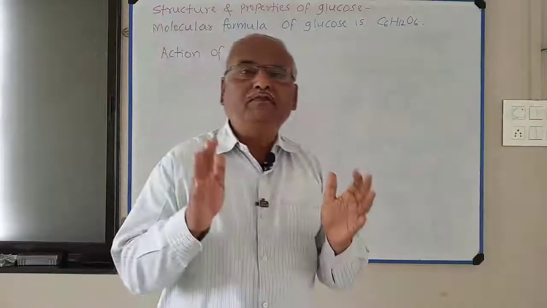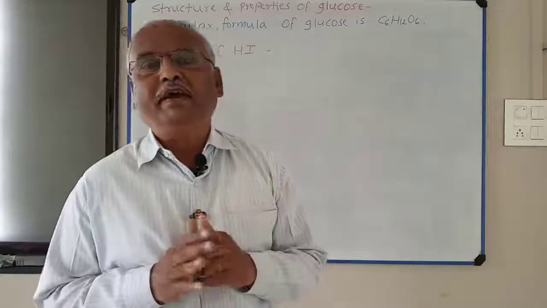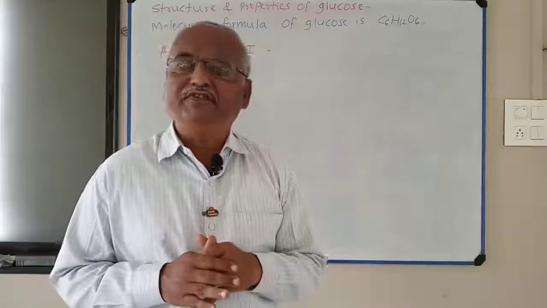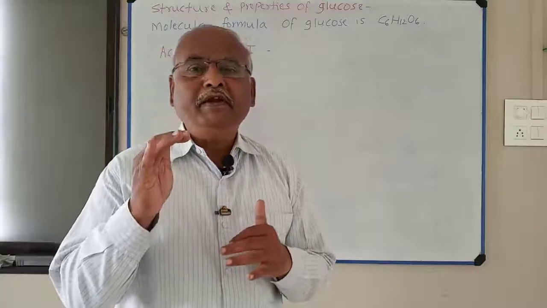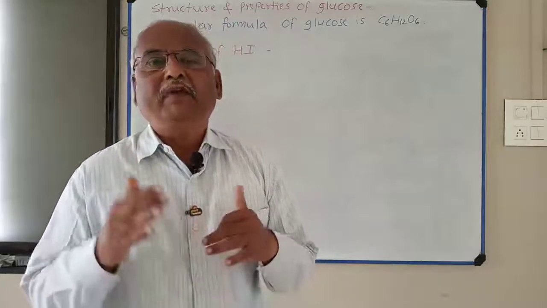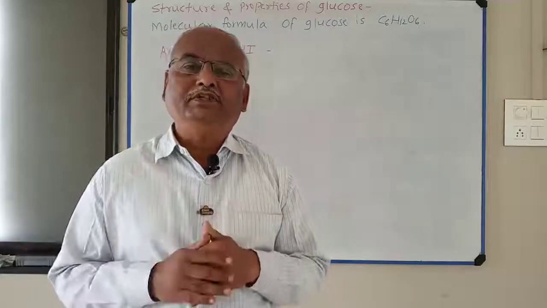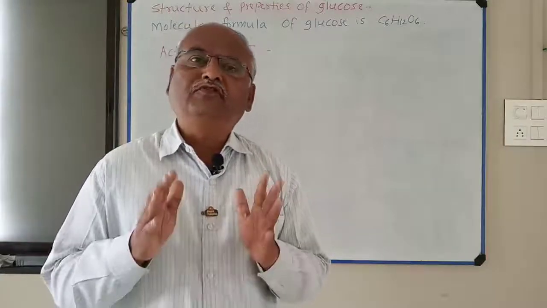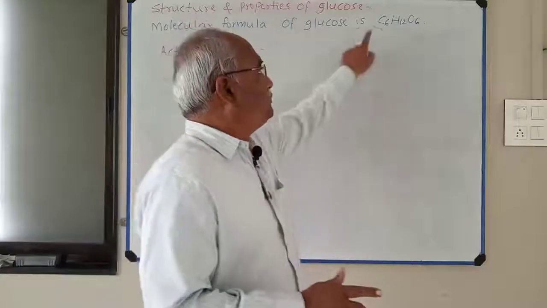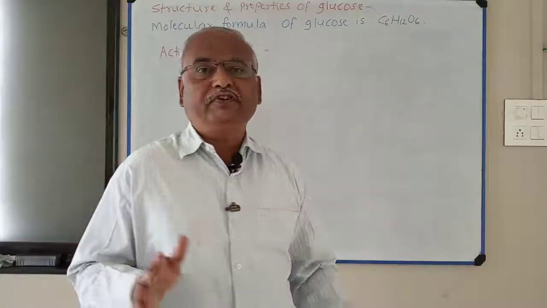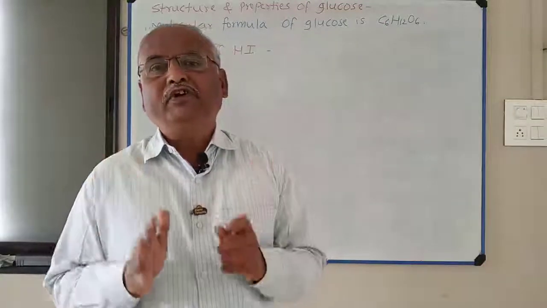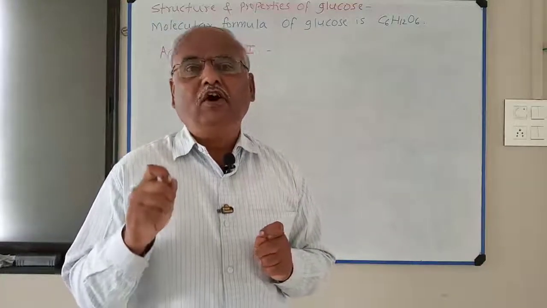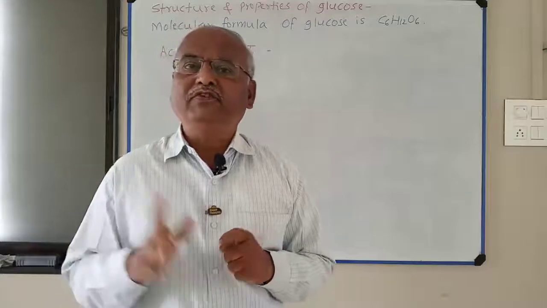This molecular formula was determined by qualitative and quantitative analysis. By elemental analysis and by molecular weight determination, molecular formula of glucose was found to be C6H12O6. We are going to study how the open chain structure of glucose was established.